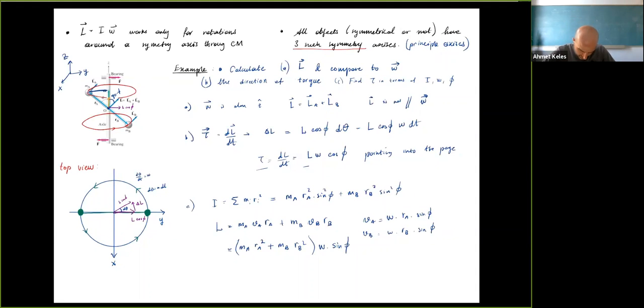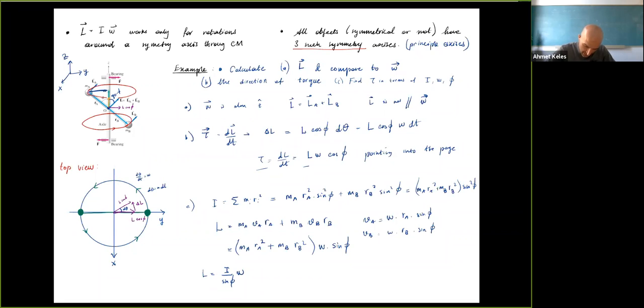Now I want to write L in terms of I. So L is equal to MA RA squared plus MB RB squared times sine squared phi, so L is basically I, and I need to divide it by sine phi, and I have omega. Good.